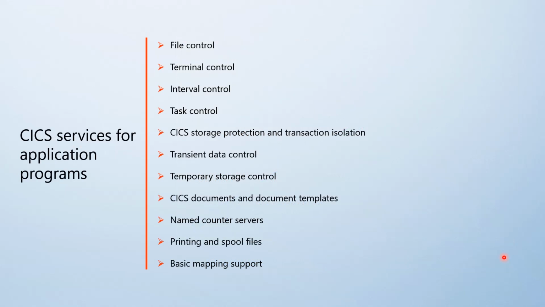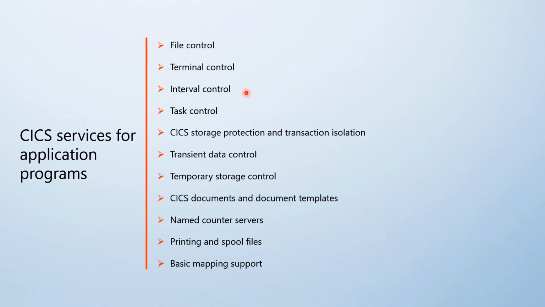Okay, and these are the CICS services in detail provided to the application programs. CICS provides file control, which is used to access VSAM and BDAM files, and it provides terminal control, wherein it helps in interacting with terminals so that users can log into a CICS region using a terminal and interact with CICS.